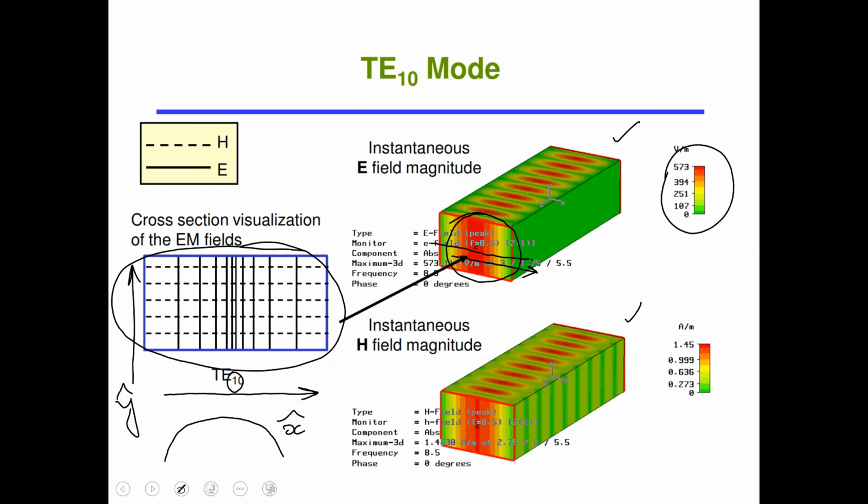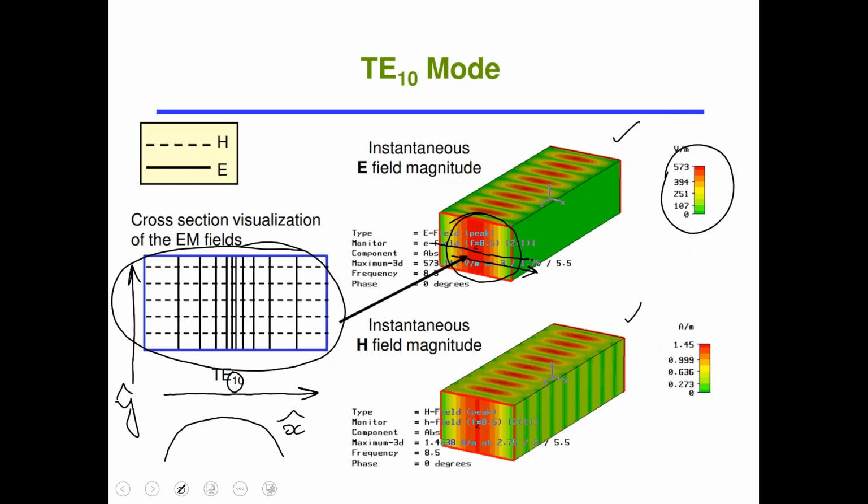But in the vertical direction, on the top and the bottom, there is no variation. So that's why you don't see any color gradation in the vertical direction. This chart is telling you that in the vertical direction the field remains constant. In the horizontal direction, the field intensity is changing.